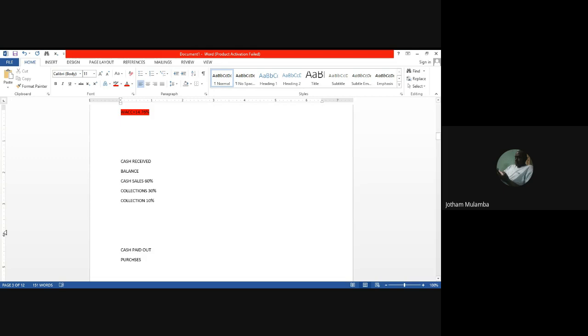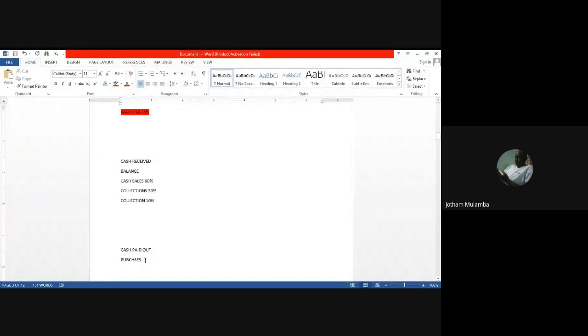Next item: corporation tax for 2015 amounting to Kenya shillings 20,000 will be paid on 30th September 2016. So we have corporation tax. That's money out.